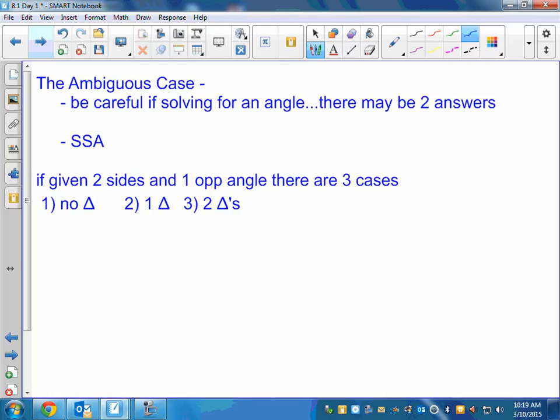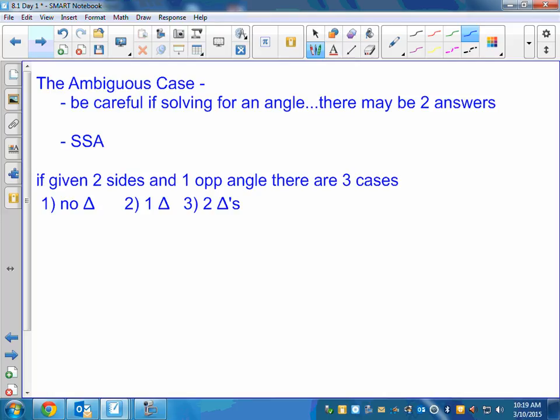B and D are the examples of one triangle. Sometimes you actually get a right triangle; most of the time you get D, which is an oblique triangle. C is the crazy case: sometimes you can make two different triangles, an acute and an obtuse triangle. You're never going to actually have to draw these out, but I just wanted to show you the geometry of it.